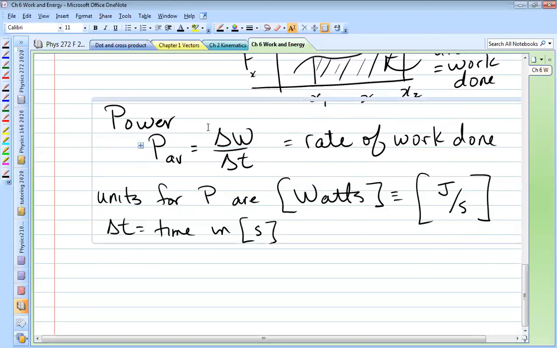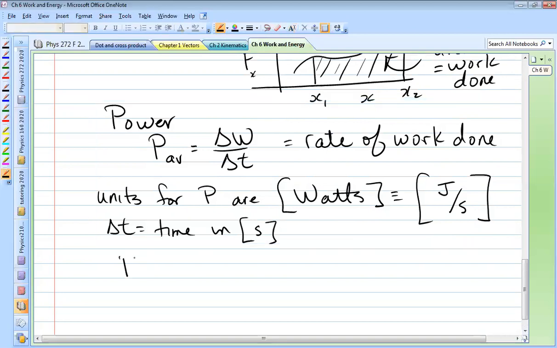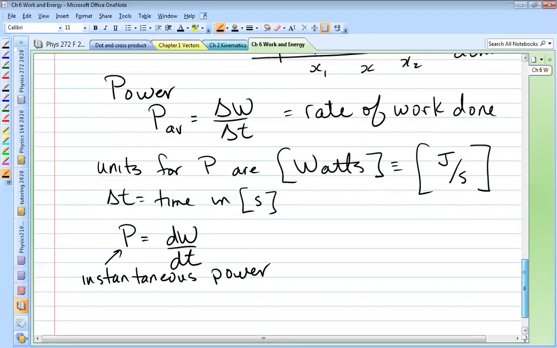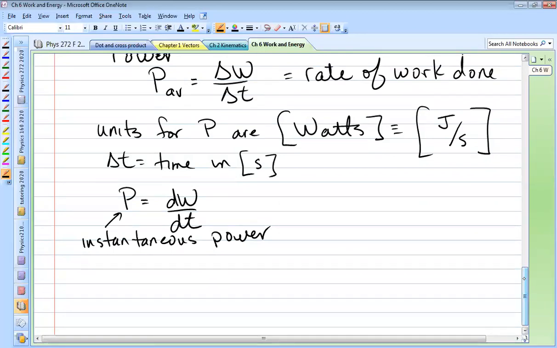But if the work is variable, or if you just want instantaneous power, like just during a sprint or something, then the power instantaneously is the derivative. So this would be instantaneous power, and that's the derivative of work with respect to time.